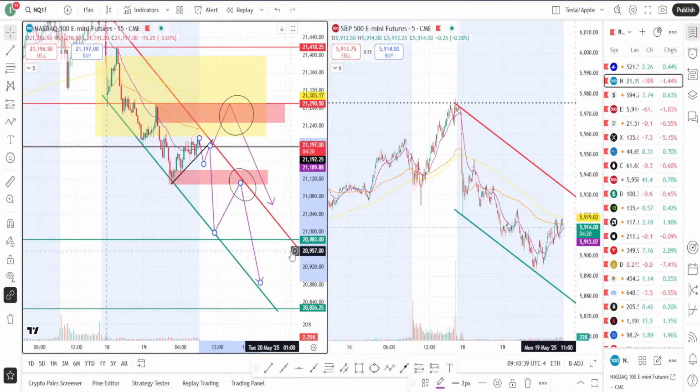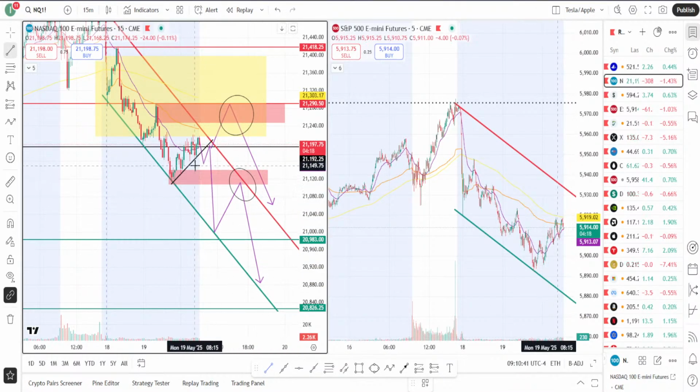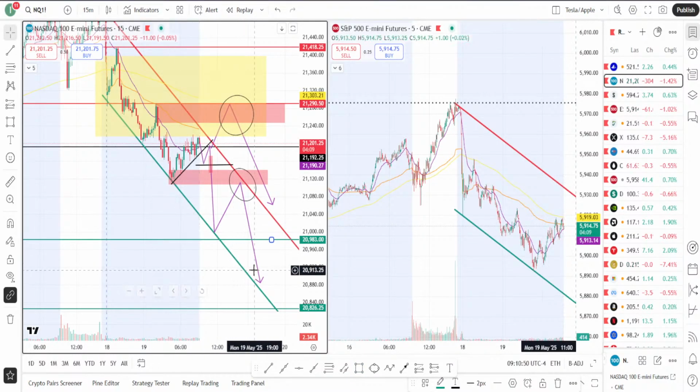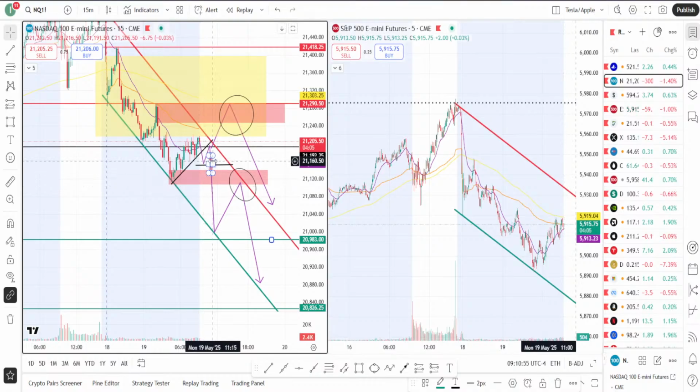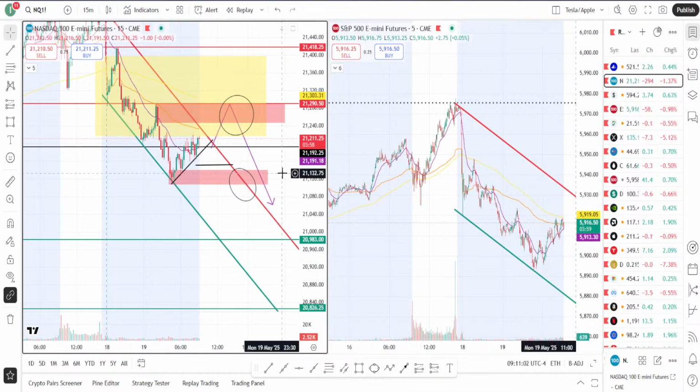So if we do get something like this, then you can sell as we break this low right here. This is where you can look for your entry. All right, so we got that set up for the Qs. Pretty easy chart for today.